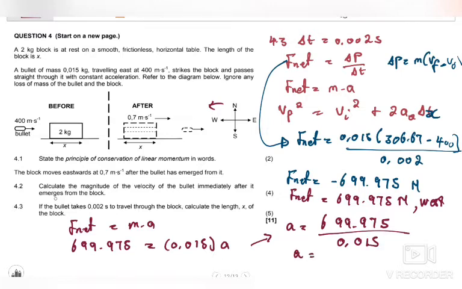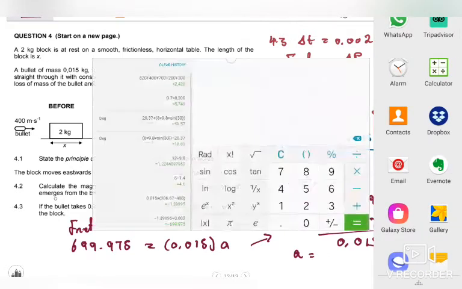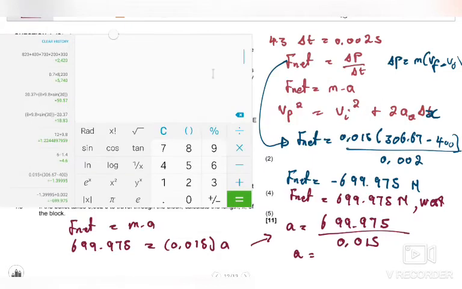So let's bring up our calculator: 699.975 divided by 0.015, so you get 46,665 meters per second squared.